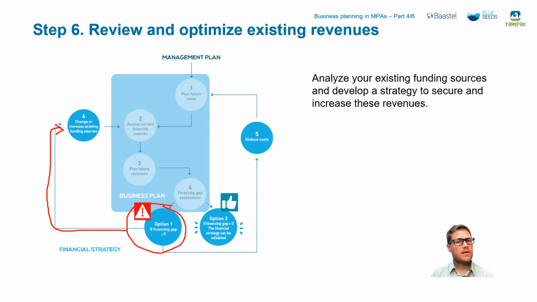The shortage of funding for MPAs often leads managers to search for new revenue sources beyond those conventional ones they already have, but a strategy that focuses only on new revenue generation is not likely to be sustainable in the long run. And before looking for new financial opportunities, you might need to examine the already existing opportunities that could perhaps be optimized or developed further.